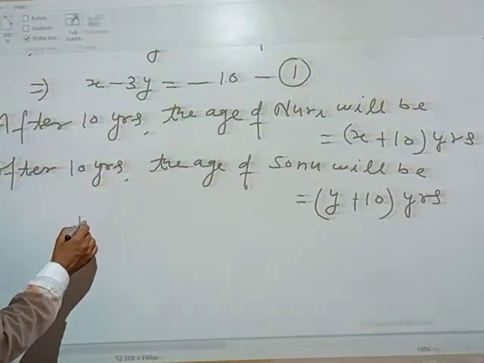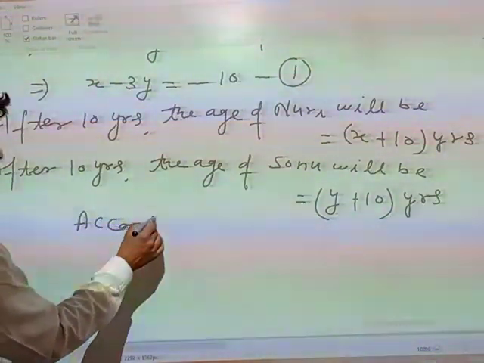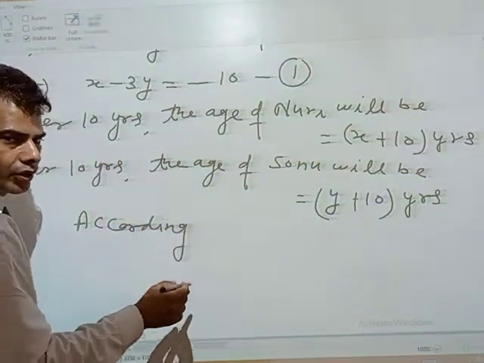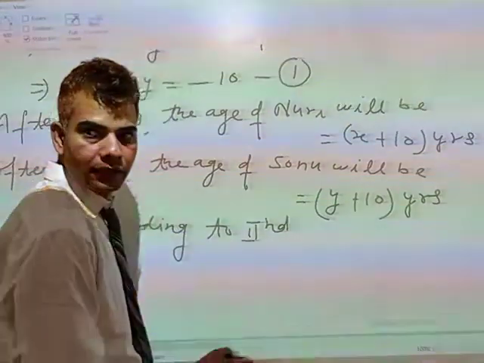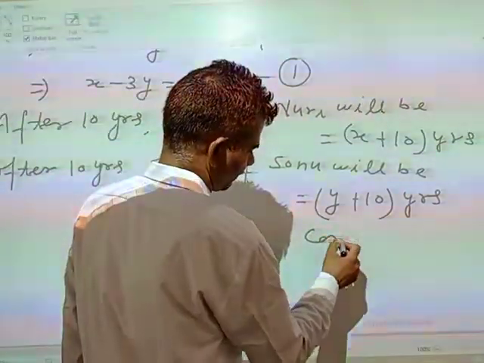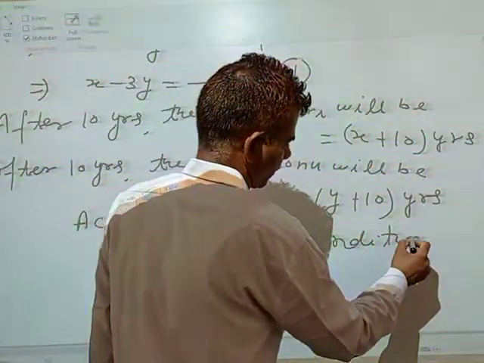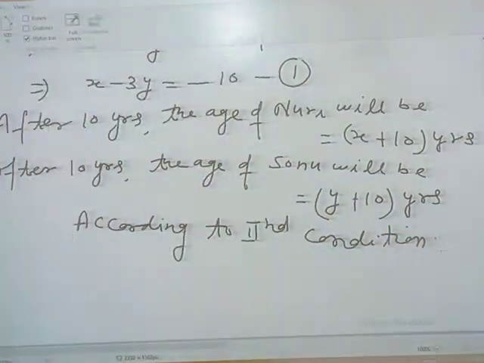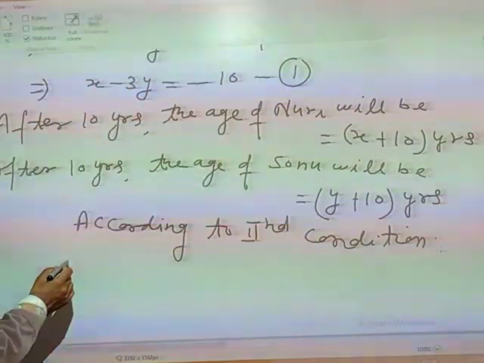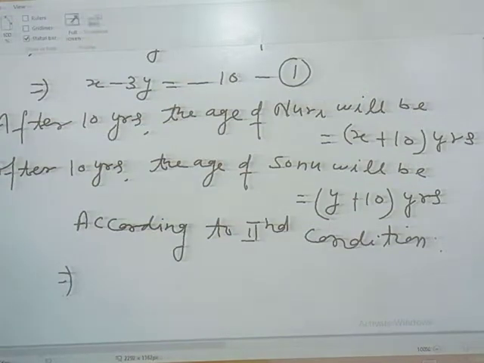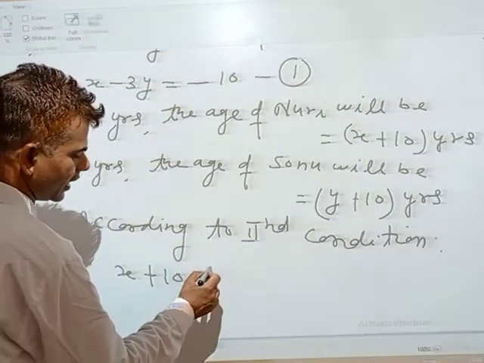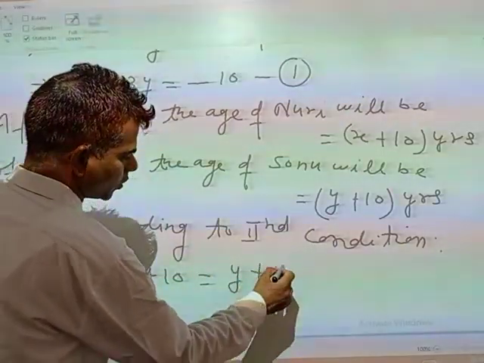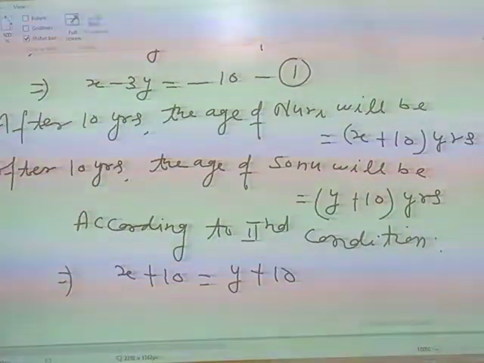Now the second condition. According to the second condition, students, after 10 years, the age of Noori was x plus 10, and after 10 years, the age of Sonu was y plus 10 years.